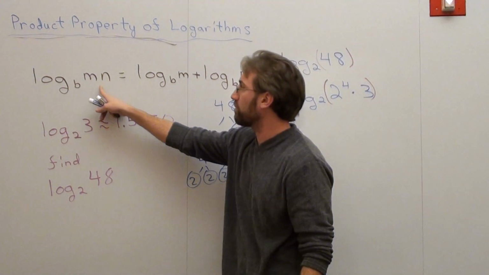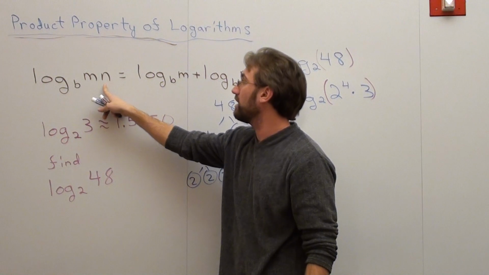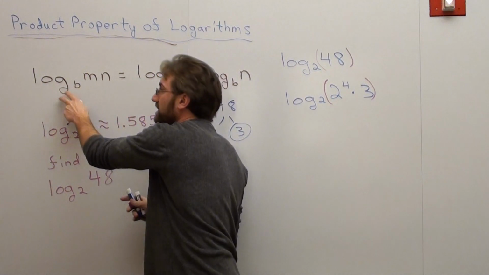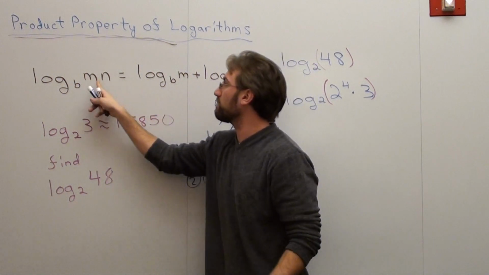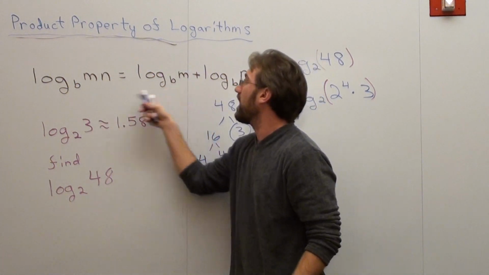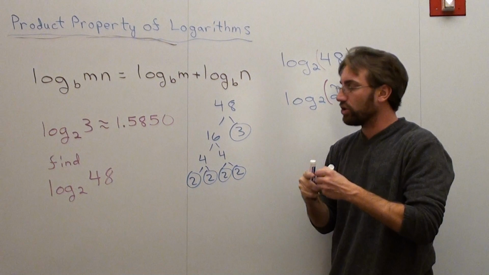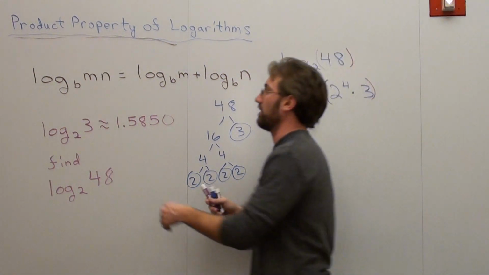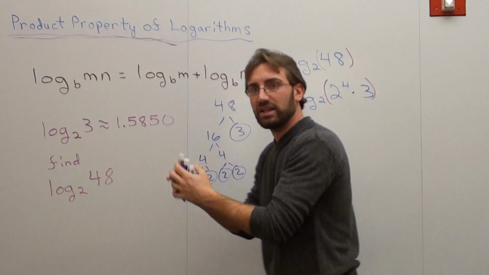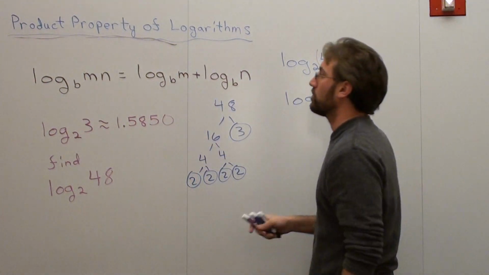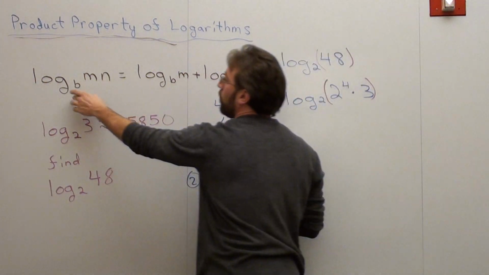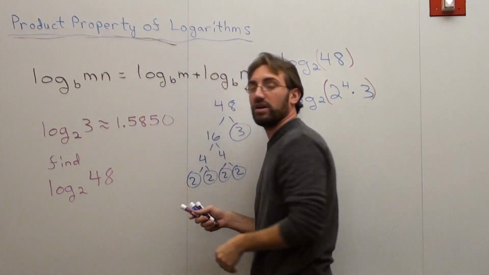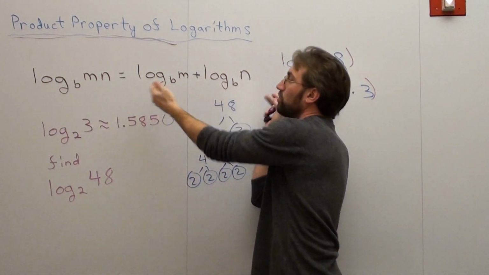According to the product property of logarithms, m times n inside a log is split into the log of base m plus this multiplication will turn into addition and give you another log. So what you're doing is you're expanding the logarithm. Multiplication is condensing, addition is expanding. So you change the multiplication to an addition, and you expand from one logarithm to however many there are. In this case, there's 2, so you expand to 2 logarithms.